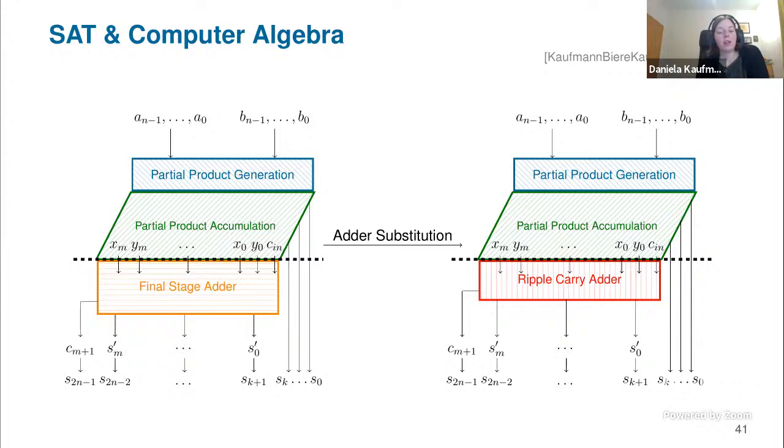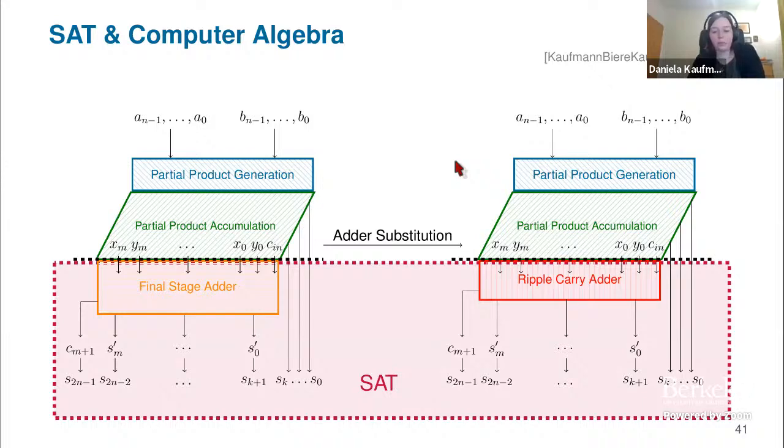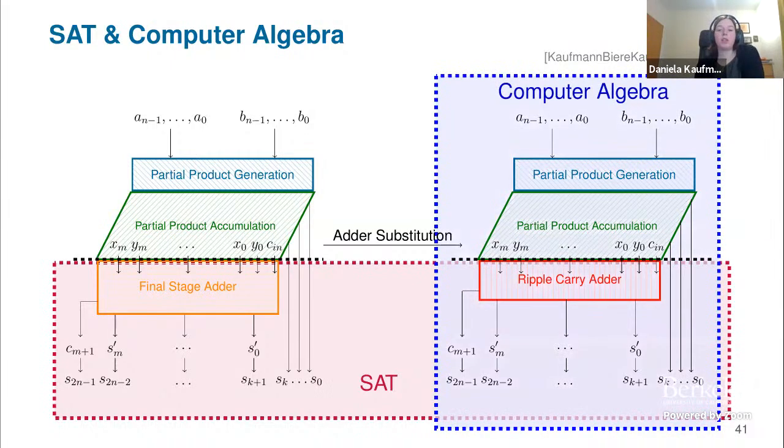Then we make a cut here, and we replace the final stage adder by a simple ripple carry adder, which we can verify using computer algebra. For the correctness of the adder substitution, we use SAT solving to check the equivalence of the two adders. And for the rewritten multiplier, we then use the computer algebra approach.